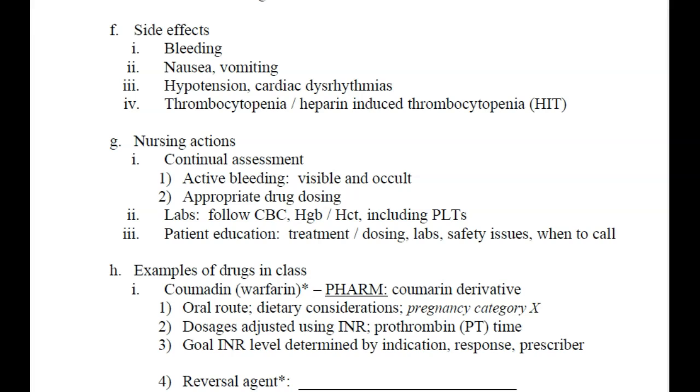When it comes to patient education, it is very important to make sure they understand the treatment, dosing, labs, and safety issues, and when to call. Especially with anticoagulants, it's very important to prevent patients from falling. So educate the patients to call and not get up without anyone's help, to ensure that the patient doesn't end up with bleeding complications from a fall.